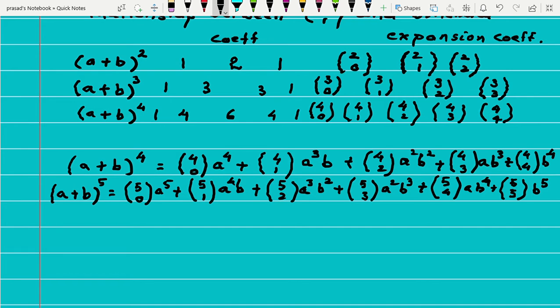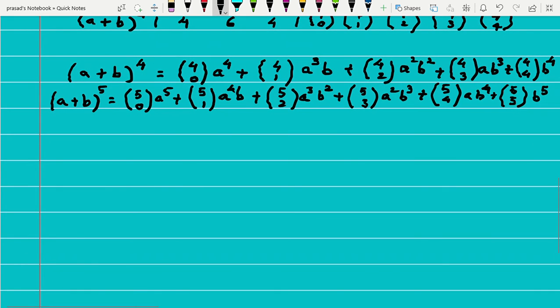So if we continue like this, I can write a general expansion of a plus b to power n, and that will be nc0 a to power n, then nc1 a to power n minus 1 b.